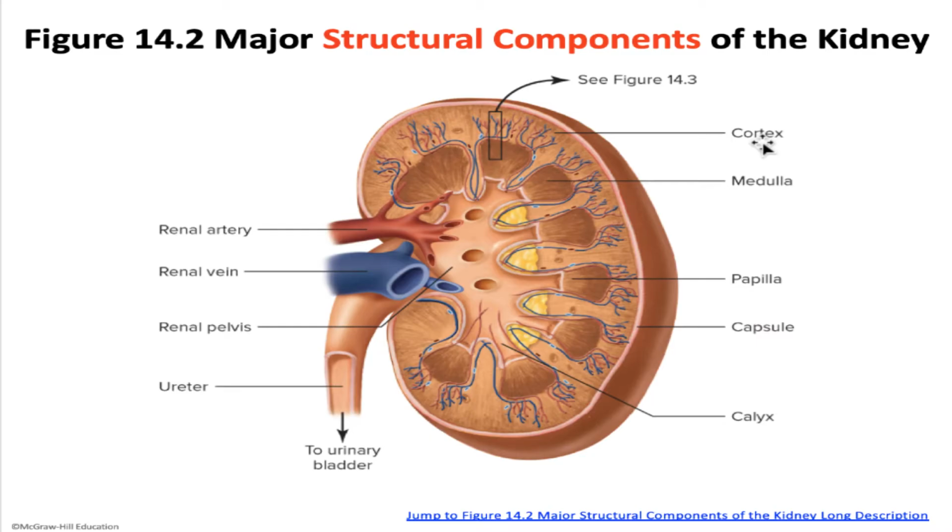So the cortex, which in my mind is the circumference, is the layer on the outer periphery of the kidney. And the medulla will be the middle component of the kidney tissue. And then we have chambers, the papillae, and a very thin layer of connective tissue on the outside called the capsule, as well as the calyx, which leads to the renal pelvis.